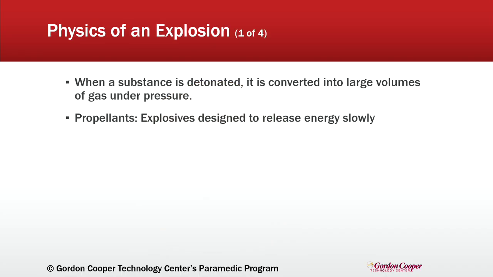When a substance detonates, it is rapidly converted into large volumes of gas under extremely high pressure. Propellants are explosives that release energy relatively slowly compared to high explosives. So when we're talking about a propellant, something like a can of spray paint would be considered something that contains a propellant.